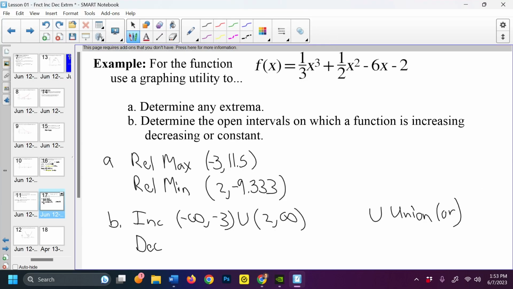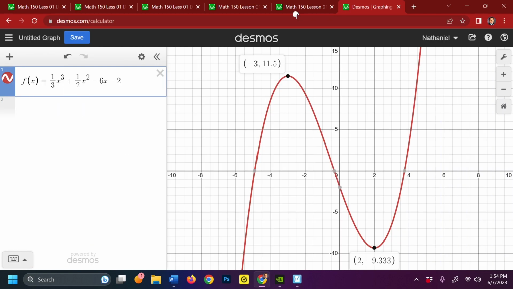And again, we are not including the x value or the point, the extrema, at -3, 11.5, or the relative minimum at 2, -9.3. We are only talking about what the function is doing from this point at x equals -3 to this point at x equals 2.